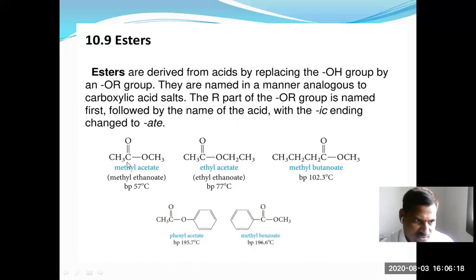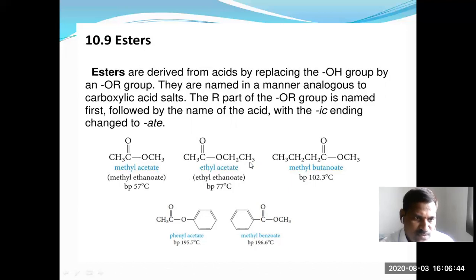The two-carbon carboxylic acid's IUPAC name is ethanoic acid, so we add the ate sound. That's why this is methyl ethanoate.